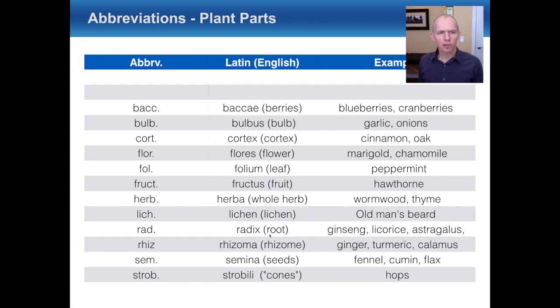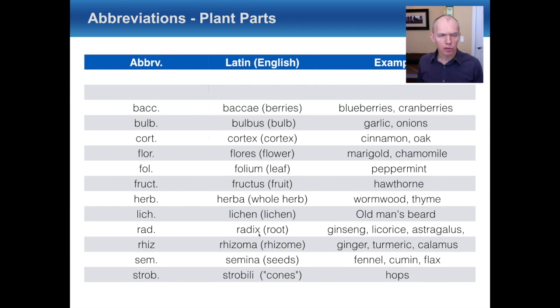Other ones, for example, are cortex, and so cortex refers to the outer layer, and so certain plants, whether you're using the bark like cinnamon and oak, it may be, for example, oak cort or cort oak would refer to the outer bark rather than, let's say, the leaves or whatever other part of the plant it might be.